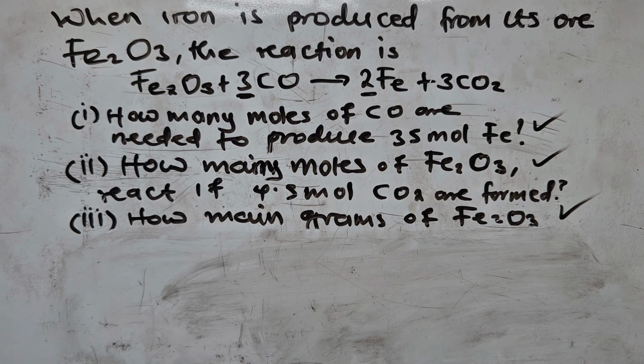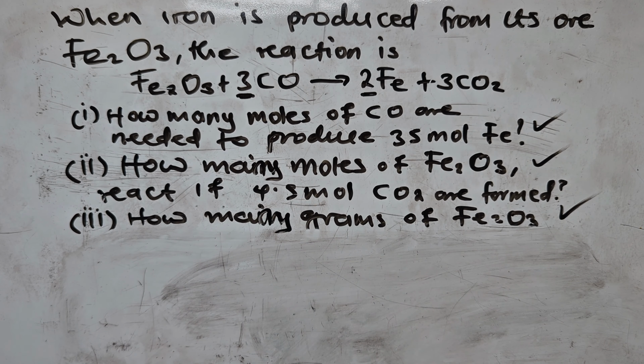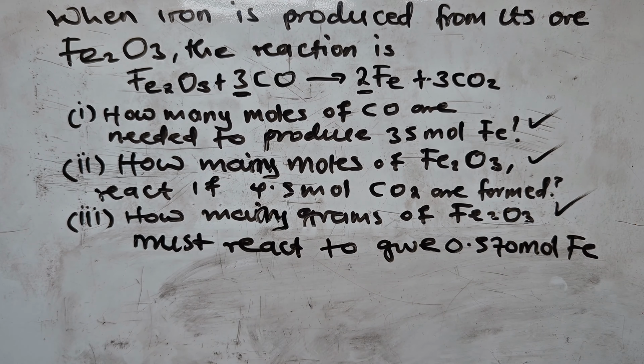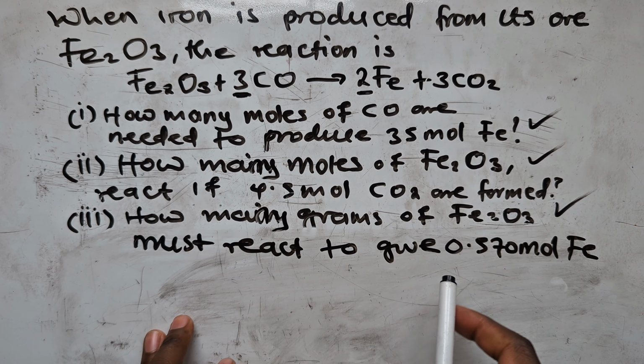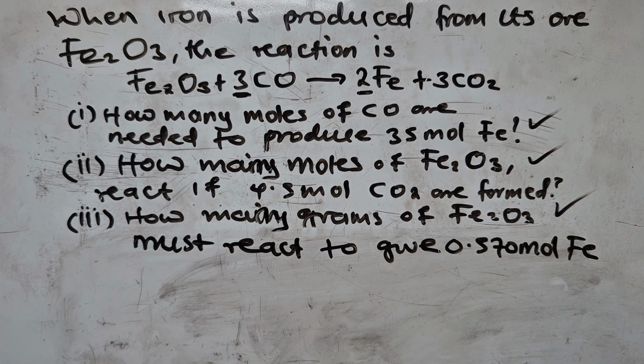We try to go to the other question whereby they're saying how many grams of iron ore will be produced? All right, so in this part, they're asking us to calculate what mass is going to be required for us to produce this amount of moles for iron.